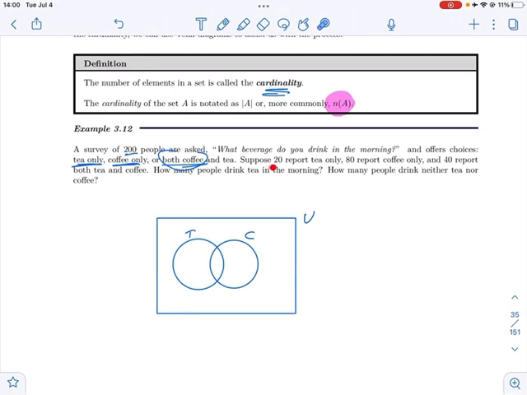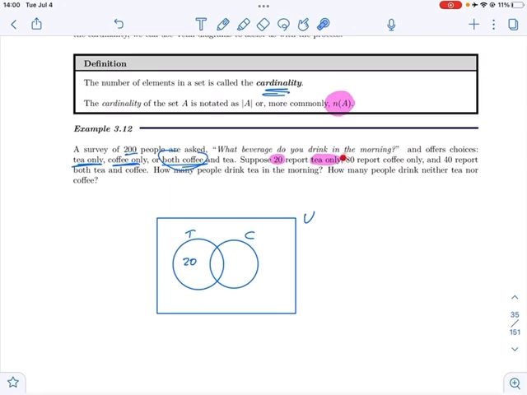Now, suppose 20 report tea only. I can't write it here because that means in common. They have tea and coffee, but since it's only tea, 20, that means it's here, it's just tea.